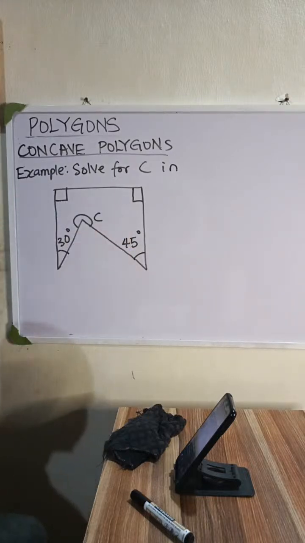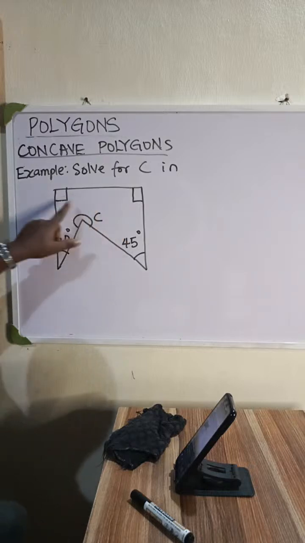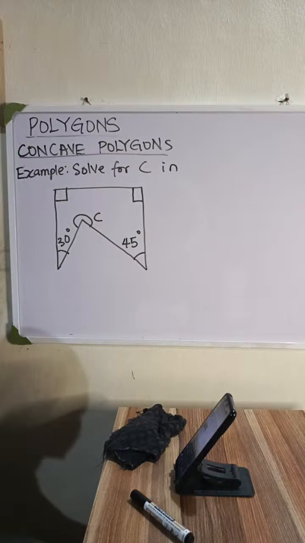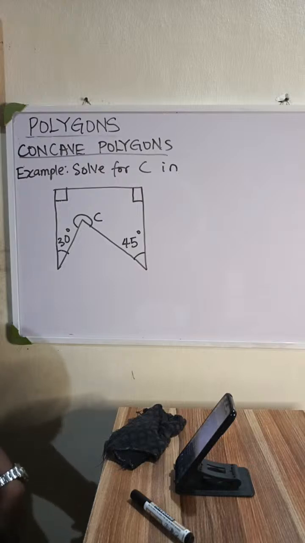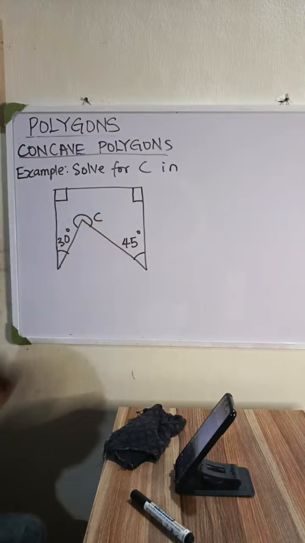Are we missing any angle, or is there an angle there? Are we missing angles here, or do we know those angles? Doris, 5,040? I think you wanted to say 540. So are these angles missing, or do we know them?